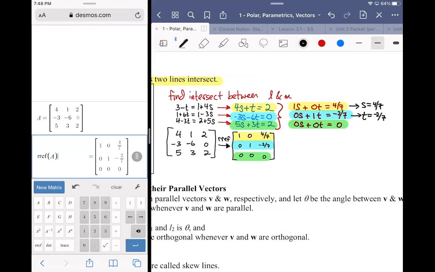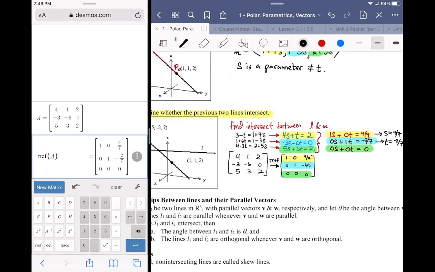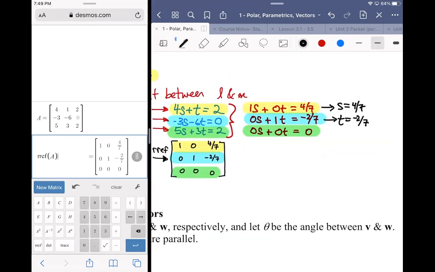Now, if I pop in 4 sevenths in my second set of equations, my second parametric, that's going to put me at the same location. So it's showing that there is an intersection. We do need to know what that intersection is, but here it's just saying determine whether they intersect. So it's sufficient to say that the two lines intersect, because we got a solution.